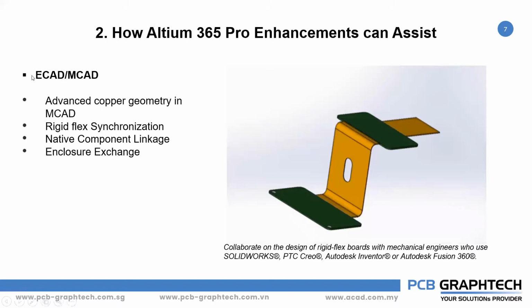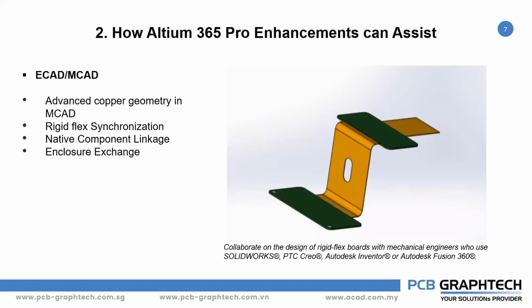Then rigid flex synchronization. You can synchronize your rigid flex design from your ECAD software to the MCAD software, and you can see the synchronized copper data, the components, and all the information in your MCAD software. Then native component linkage shows that you can add components in the mechanical software as well.